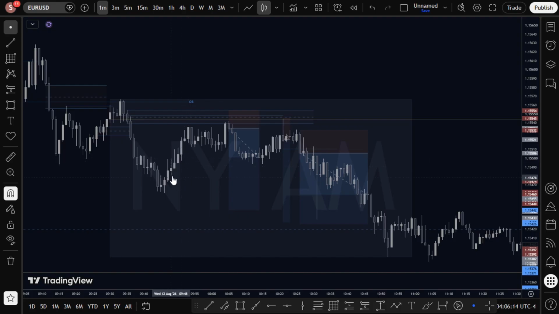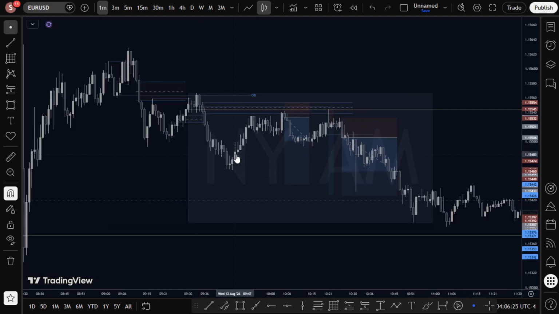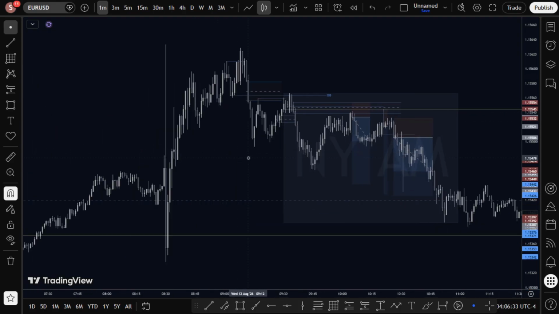I will not take anything like this. I can't trade it. As soon as price has touched where I'm expecting my entry from, I cannot. So that's why this one will not work. But if price returned immediately to this, after this change in state of delivery, I will buy to this point.